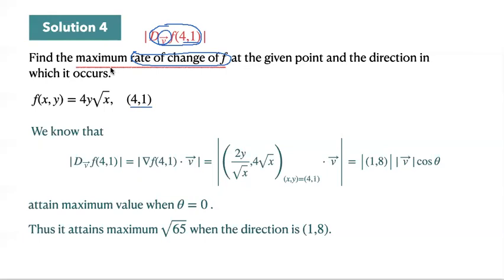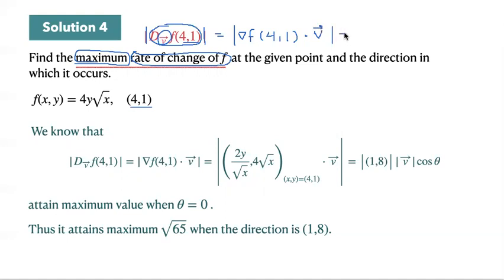And we want to find the maximum. It means that our maximum value. So if we put absolute value here, we can see that it is the same as, directional derivative is calculated by the gradient vector and the inner product with the direction vector here, right?